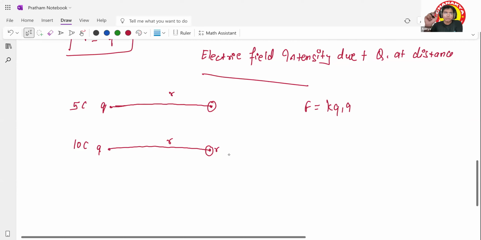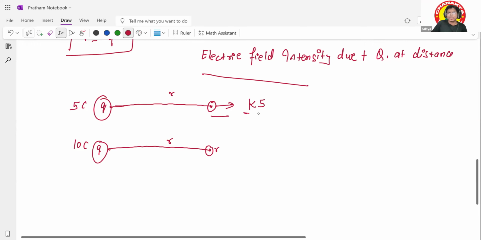But now you know that you can calculate intensity, basically the strength of a charge at any particular point. So for this charge, you are able to calculate the strength at this distance. You have to say electric field intensity. What is the electric field intensity? That is K 5 divided by R square. For this one, K 10 by R square.